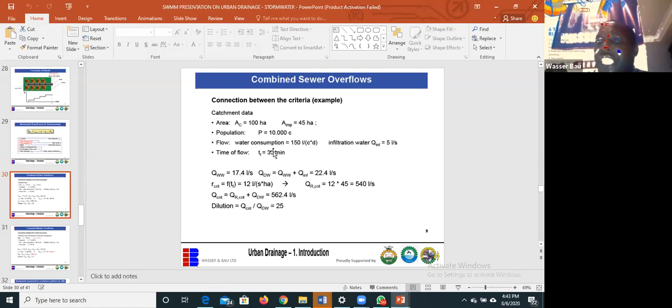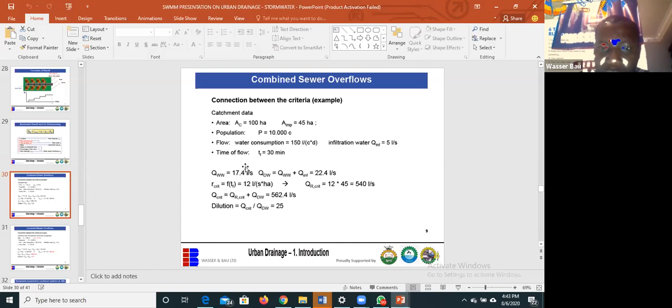Because if it starts raining now and I'm having a small amount of water, and the water from the furthermost catchment has not gotten to this place, then it might not generate flood until it gets here. That's when you now see flood. So I need to measure how long it will take the water from my compound to flow into the main drain provided by the FCDA. That is what we call time of flow.